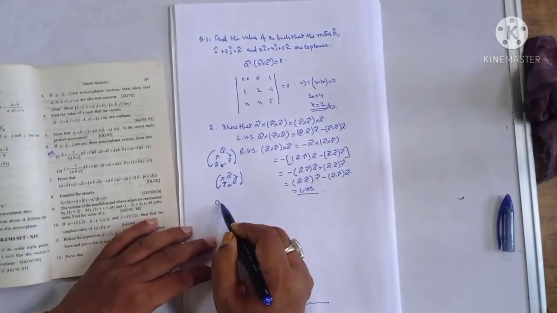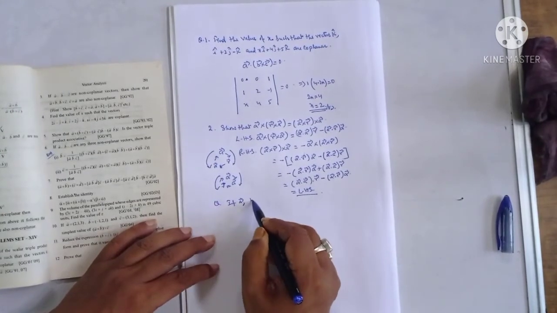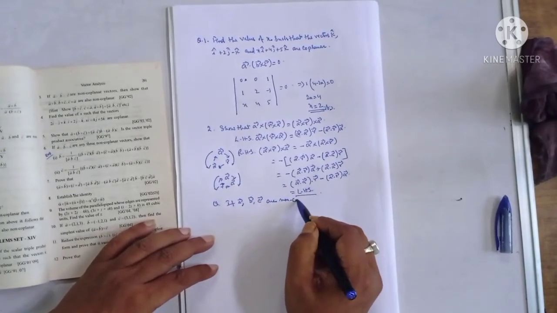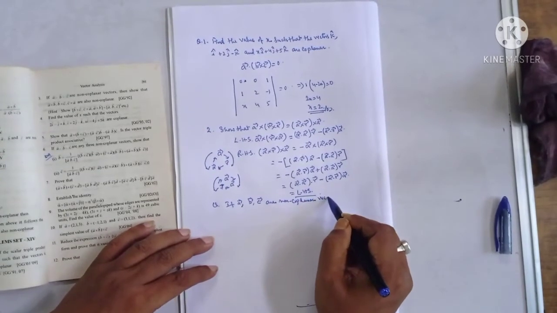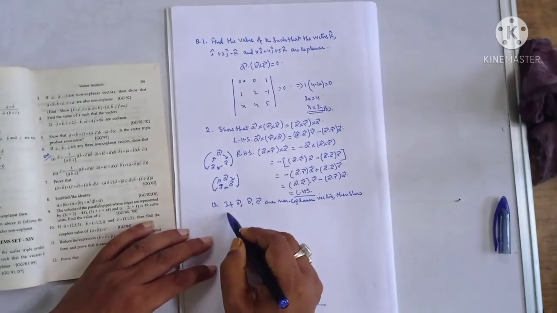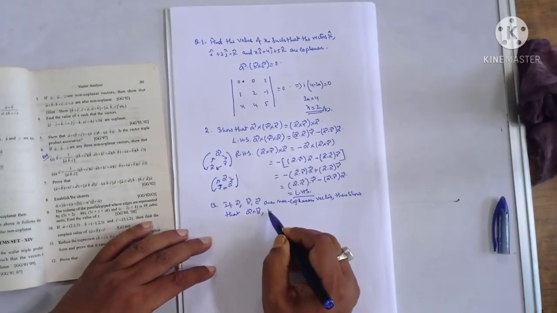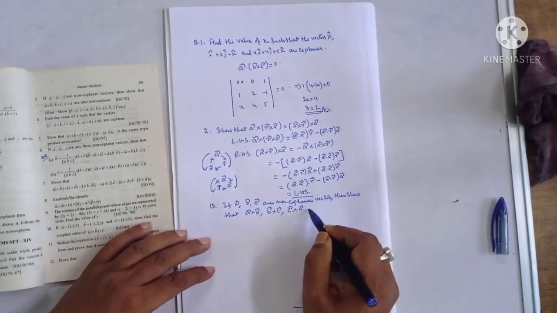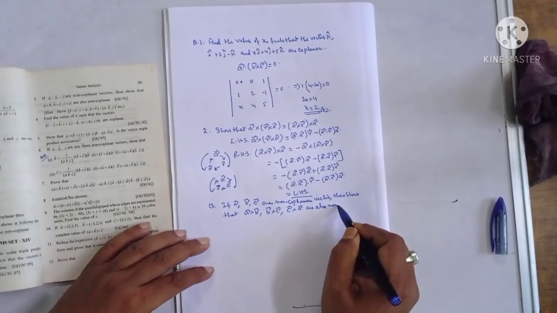Now question number 3, that is if a vector b vector c vector are non-coplanar vectors, then prove that A vector cross B vector, B vector cross C vector, C vector cross A vector are also non-coplanar.